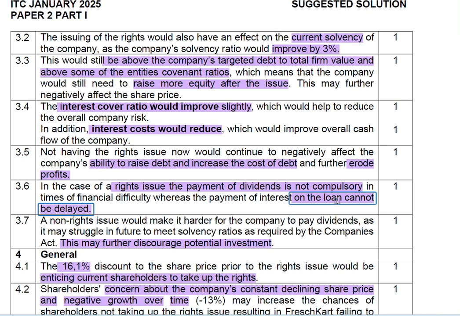It is not compulsory. But when it comes to the loan, you have to pay interest as stipulated in the contract. When investors go and buy shares, they know that it is not guaranteed that they're going to get the dividends back. They know the risk they are taking. But when the lenders are giving you money, they want their money back.